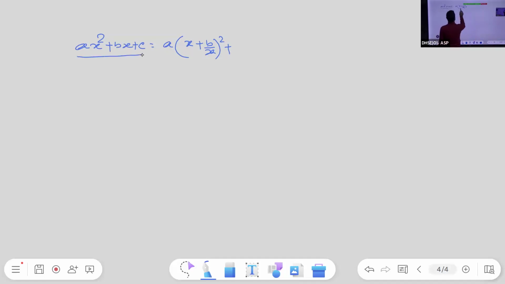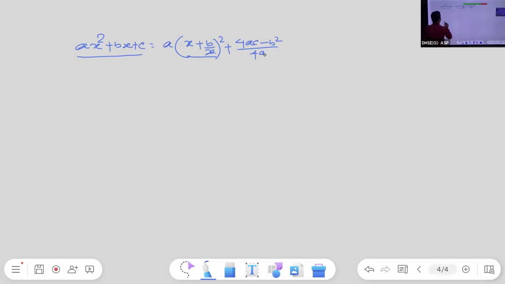Ax square plus bx plus c equals a whole into x plus b by 2a whole square plus 4ac minus b square upon 4a, right?